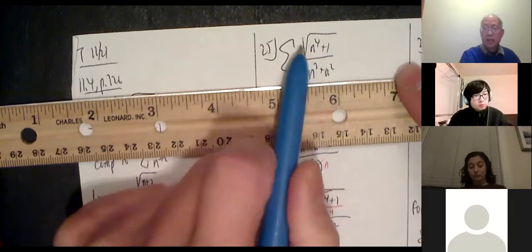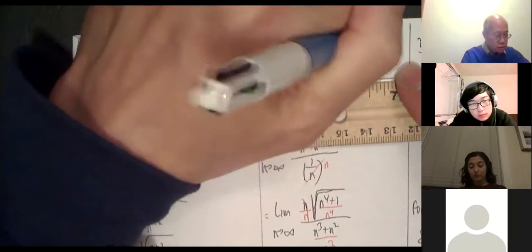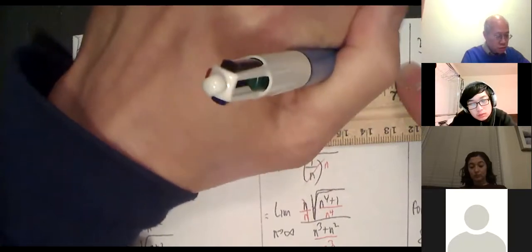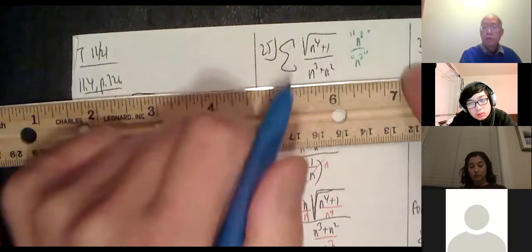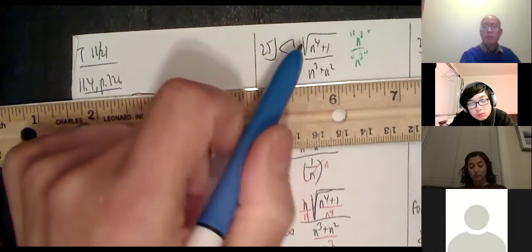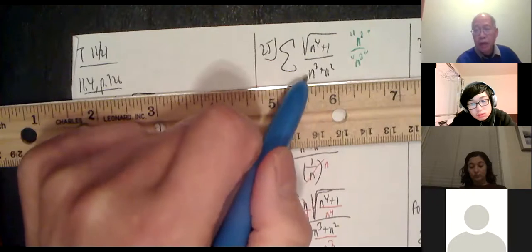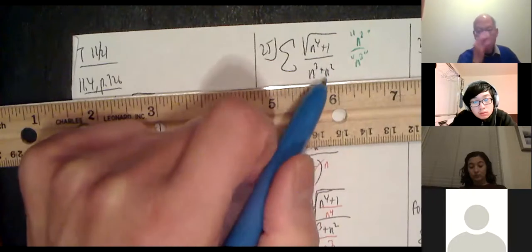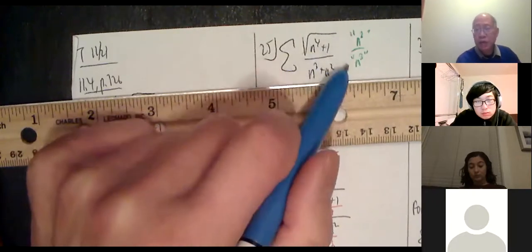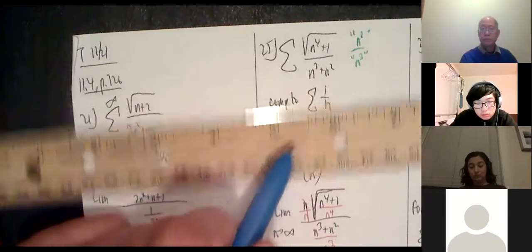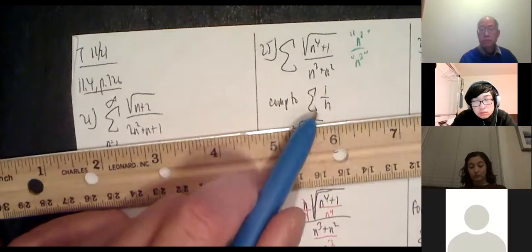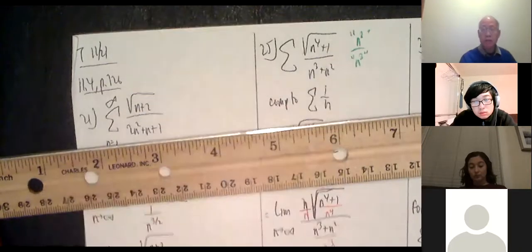Essentially, it's n squared over n cubed. When n is real big, the 1 is insignificant. The bottom, n cubed plus n squared, falls behind. It's basically n squared divided by n cubed. So what's my comparison series? 1 over n, the harmonic series.